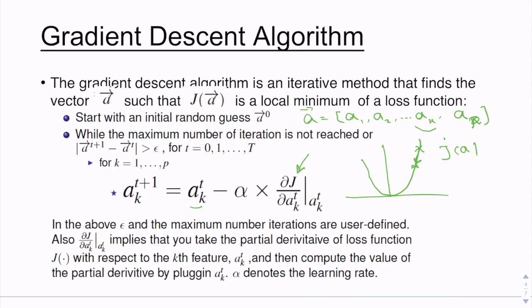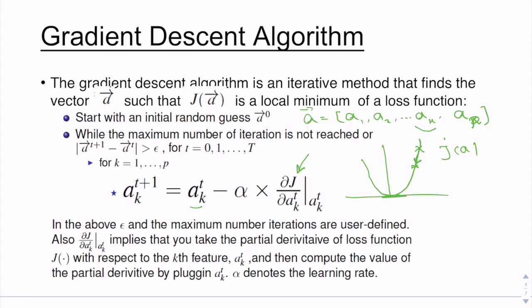When we stop, in the gradient descent algorithm, there are two criteria required for stopping. Ideally, we want the derivative to be 0. When the derivative is 0, that means we are in a local minimum, because there is no slope. When there is no slope, we are in the local minimum.